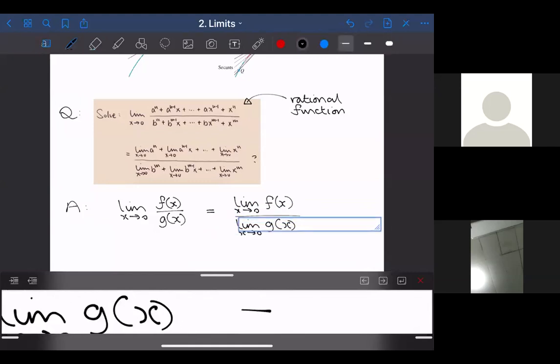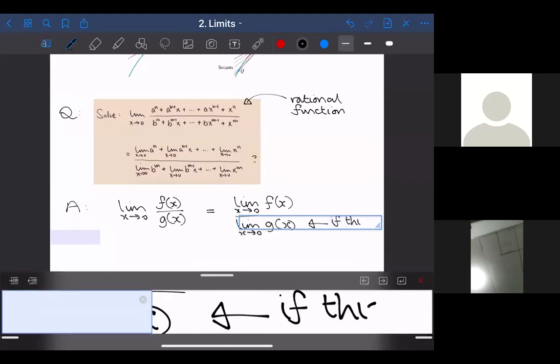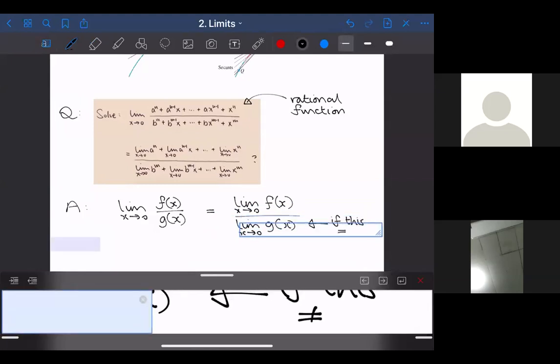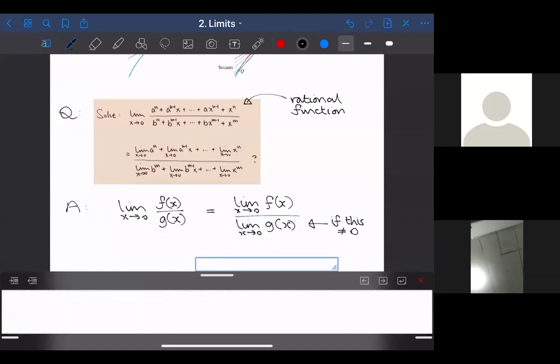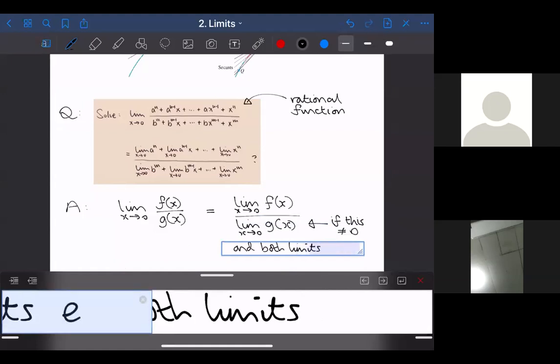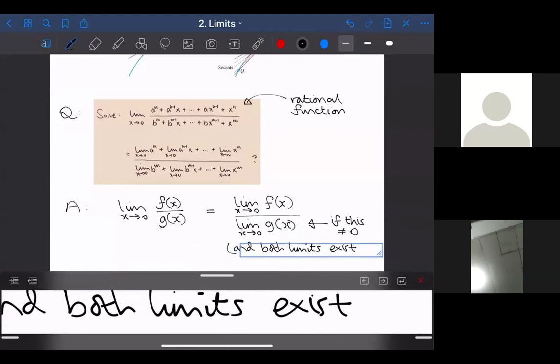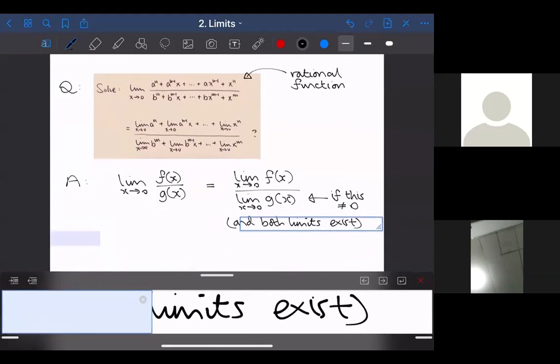Let me write it here. If this is not equal to 0, and both limits exist. So this is the quotient limit law, which we gave in lectures.